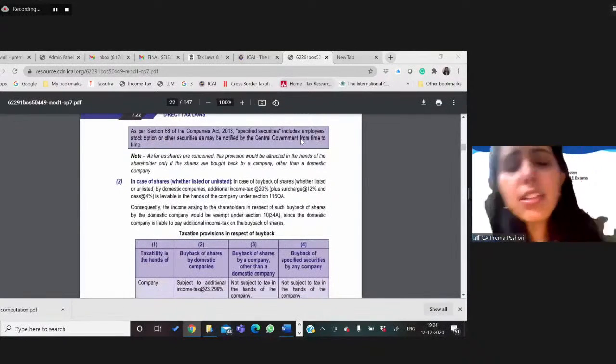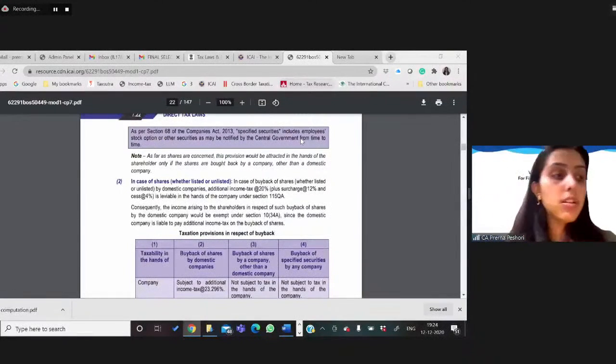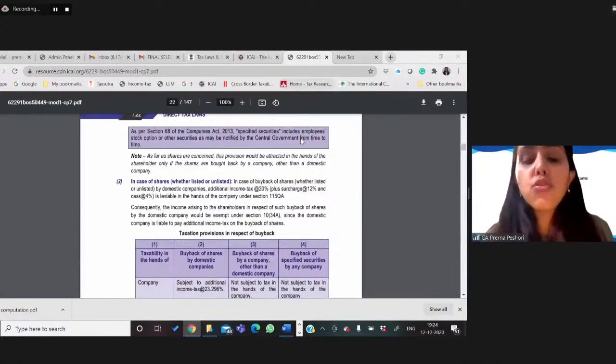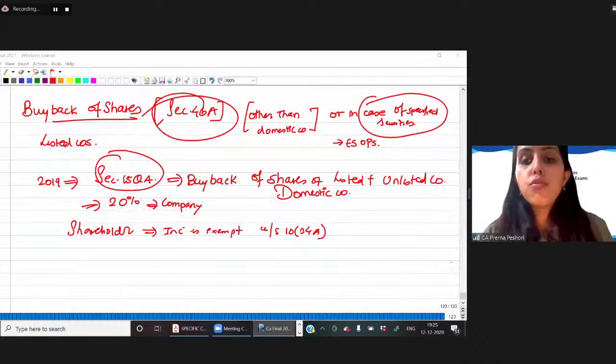So now let's go to the capital gains on various instruments. There are different instruments and for them different rules are applicable.